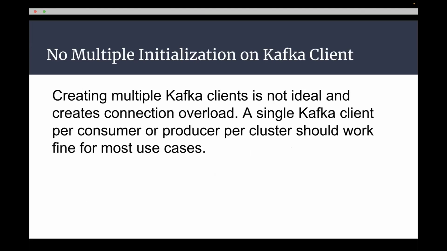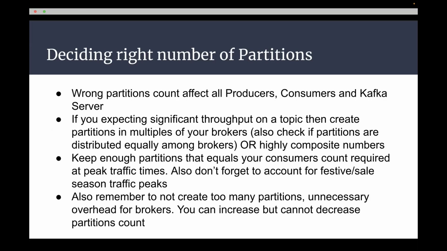This is one of the decisions that everyone has to take while writing in production: at lower scale or higher scale, how would you decide the number of partitions? I'll come to your question as well, sir. One warning: a wrong number of partitions in the very beginning, what we have observed in production, can affect your producers, your consumers, and the Kafka server as well.